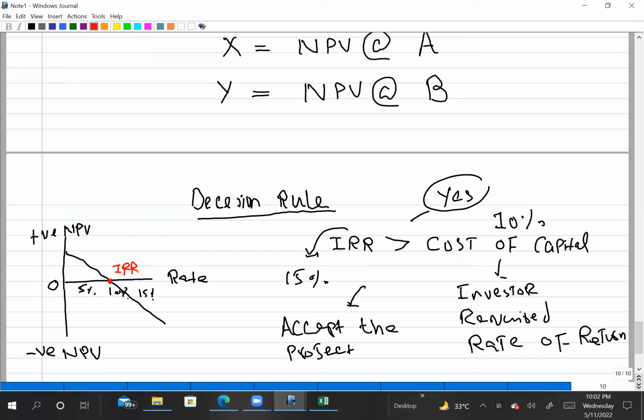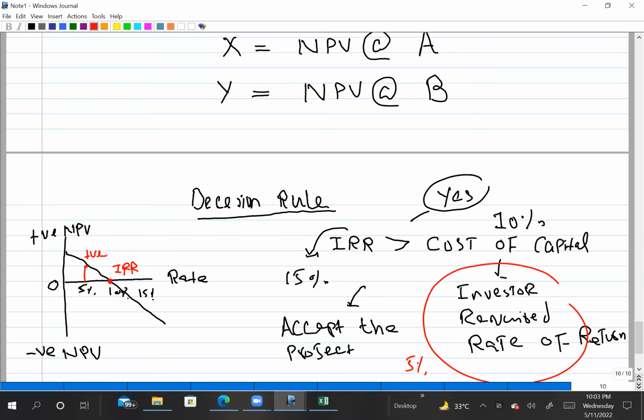Now, for example, if here the internal rate of return is 10%, and the investor required rate of return is 5%. That means at 10% the NPV is 0, but at 5% the NPV will be positive.